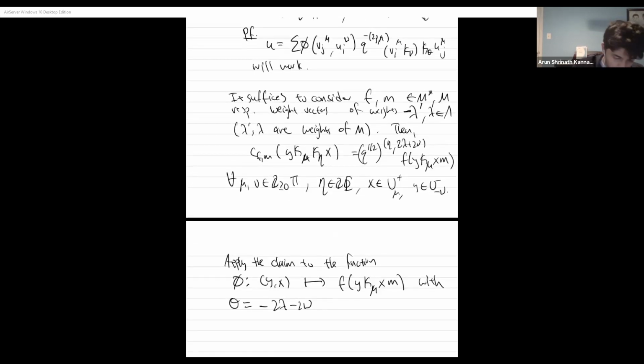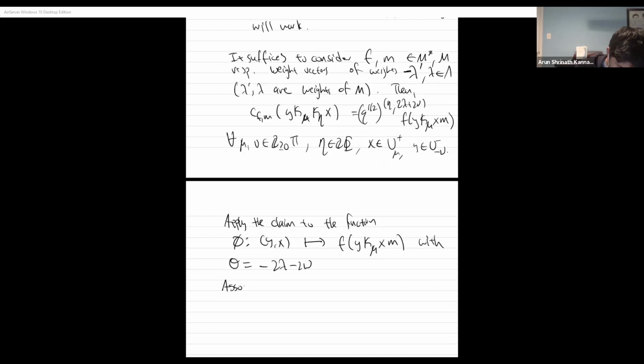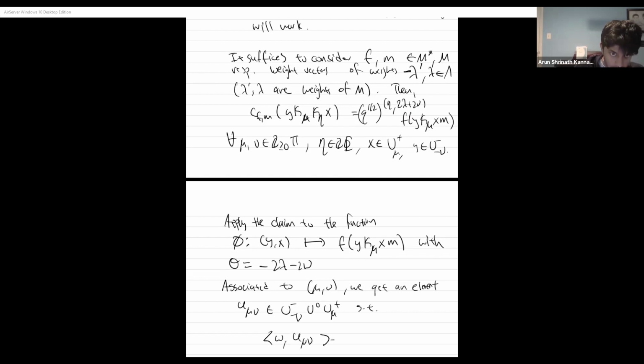Okay, so what we end up getting is, associated to this pair mu and nu, an element u mu nu in U minus nu, U0, U mu plus, such that w paired with u mu nu is equal to C_F,M of w for all w in U minus nu plus.